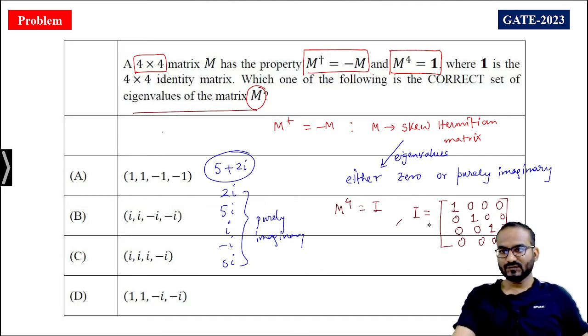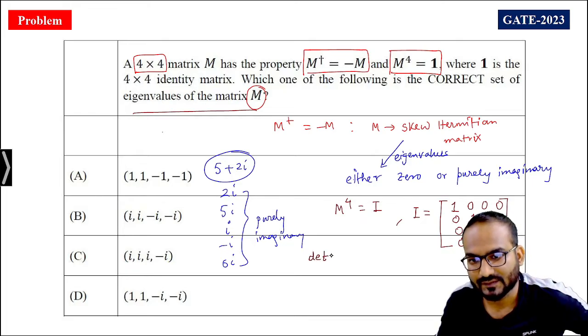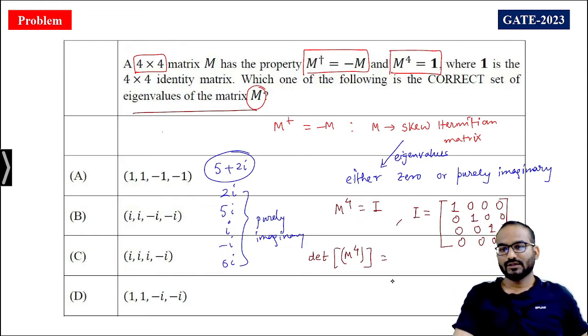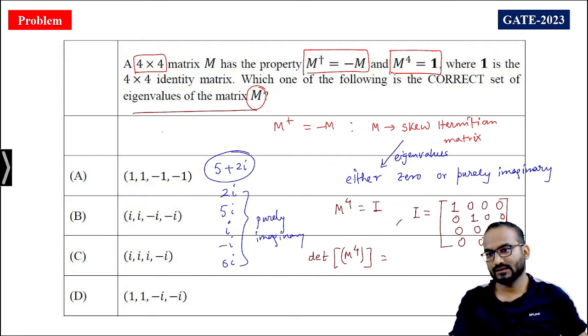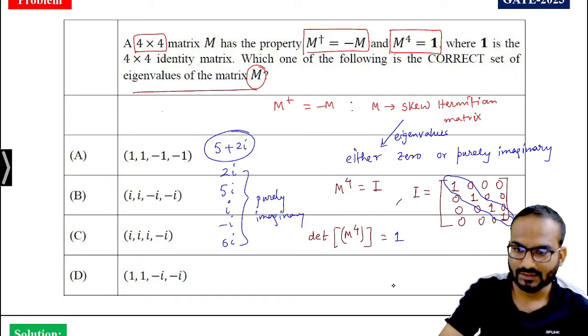As M to the power 4 is equal to identity, what can we say about the determinant of M to the power 4? M to the power 4 has only non-zero values along the diagonal. These are its eigenvalues, right? The determinant is the product of eigenvalues, so this will be 1 into 1 into 1 into 1, that is 1. That is the determinant we have got.